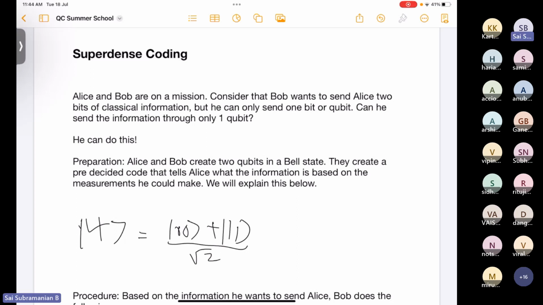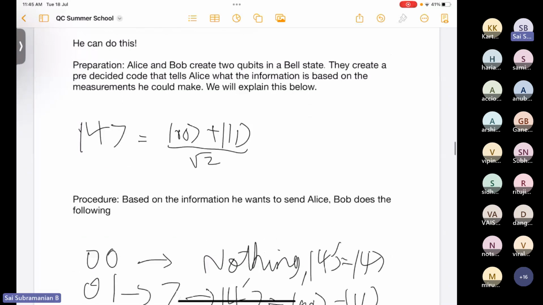What is this code? I will tell you in a bit. But what Alice and Bob prepared is a secret code that tells Alice, if she makes this measurement, what will happen, what she will get. Bob and Alice have these 2 qubits in a Bell state, and they both take one of these qubits.